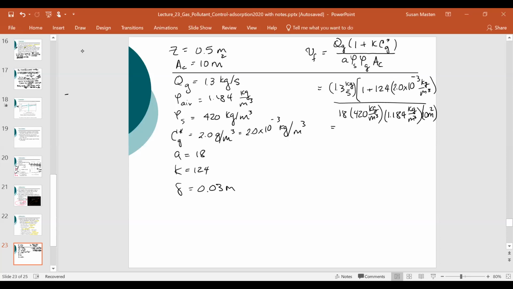And that is equal to 1.8 times 10 to the minus 5 meters per second.